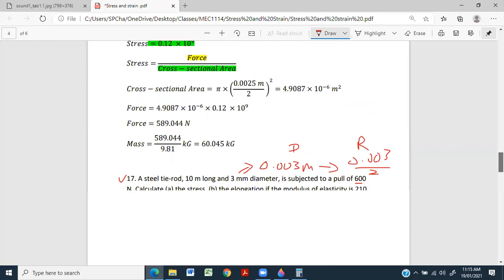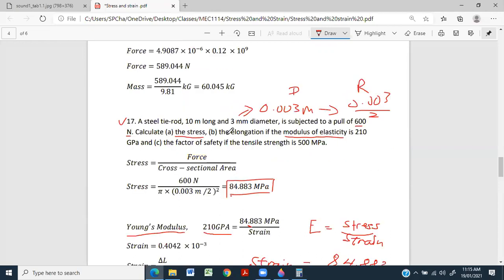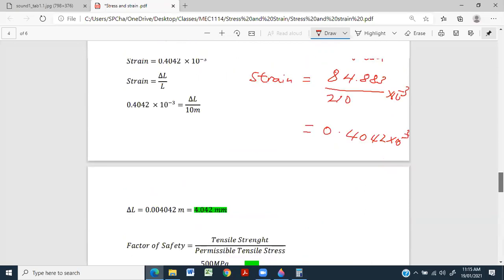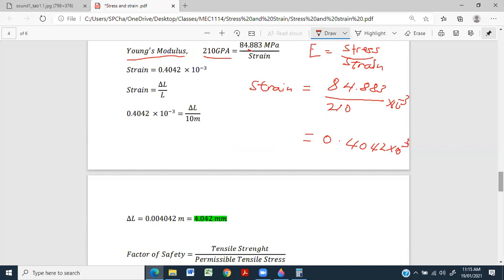So now using the strain to find elongation, or extension, or change in length, we know the strain, 0.4042 times 10 to the minus 3, is equal to elongation divided by length. The length is 10 meters. We don't need to convert to millimeters because we're finding elongation.